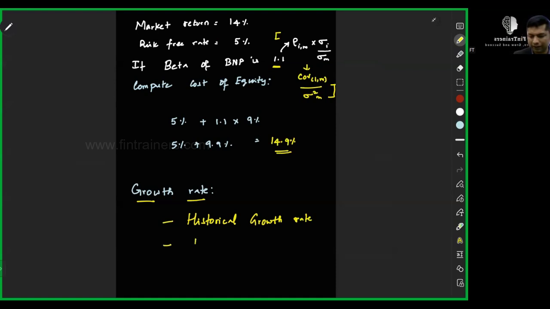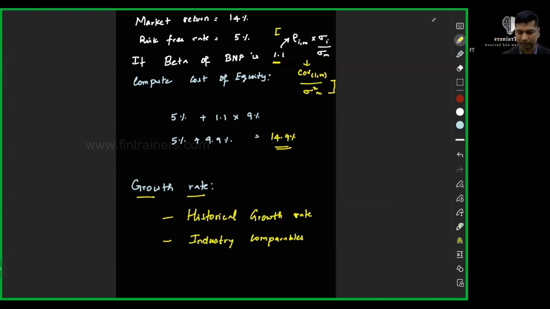Now, you can also look at industry comparables' growth rate, like what is the dividend growth rate in that industry? This might be a new company and you don't have history, but you might look at the comparable peers.